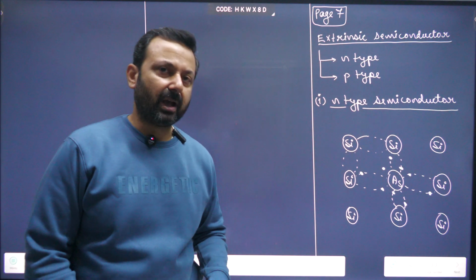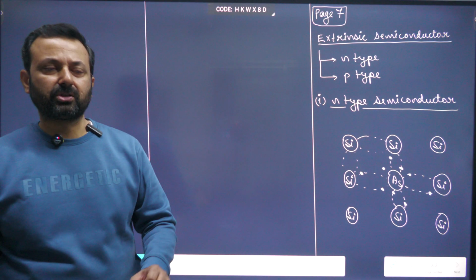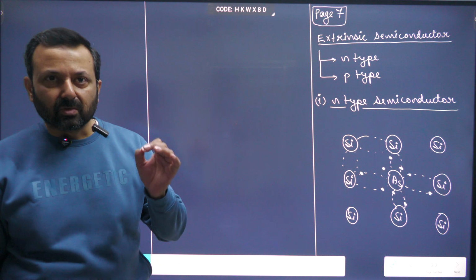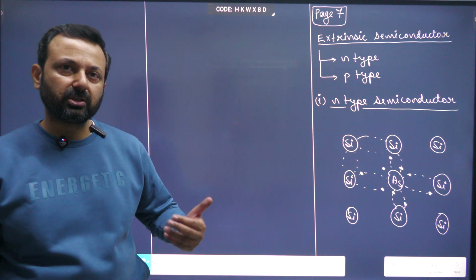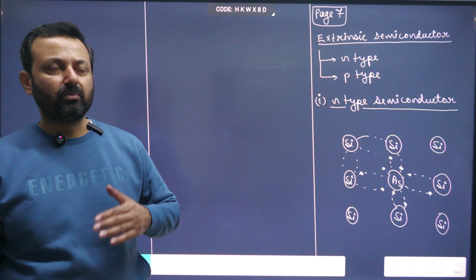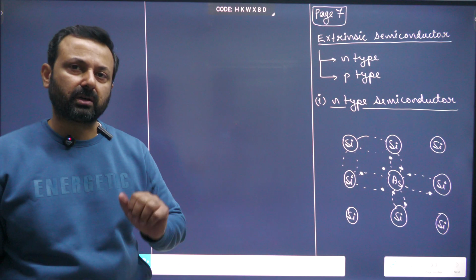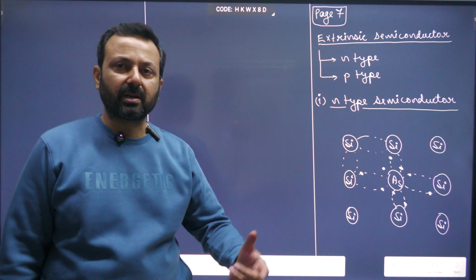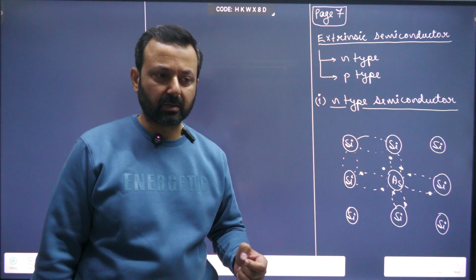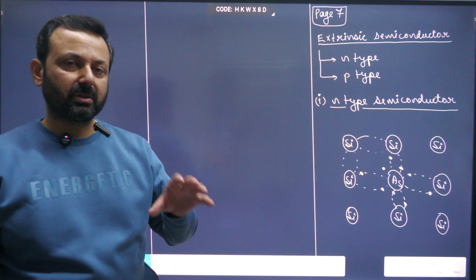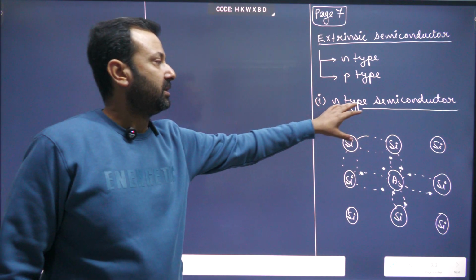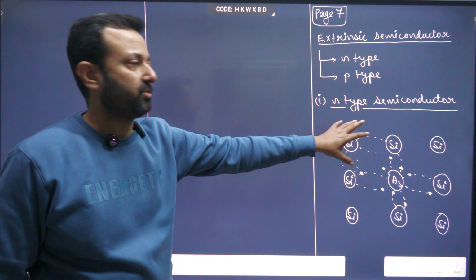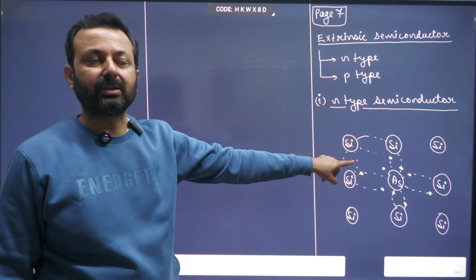In any crystal structure, when we have free electrons, electrons have a tendency to move here and there, and the movement of free electrons constitutes a current. So just to increase the conductivity of a semiconductor, this doping needs to be done. This one lattice has one free electron.